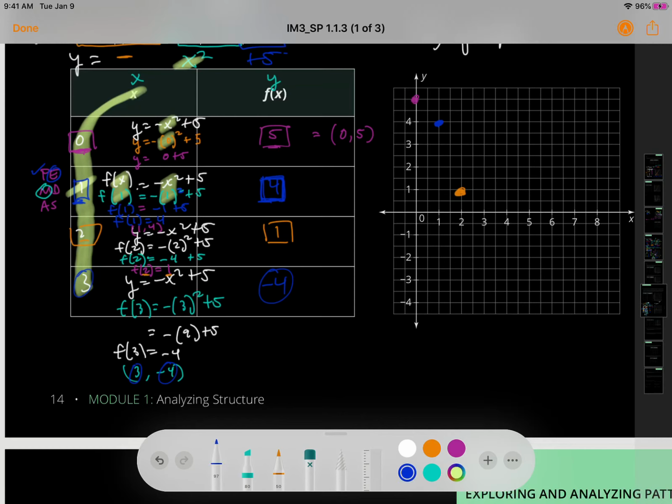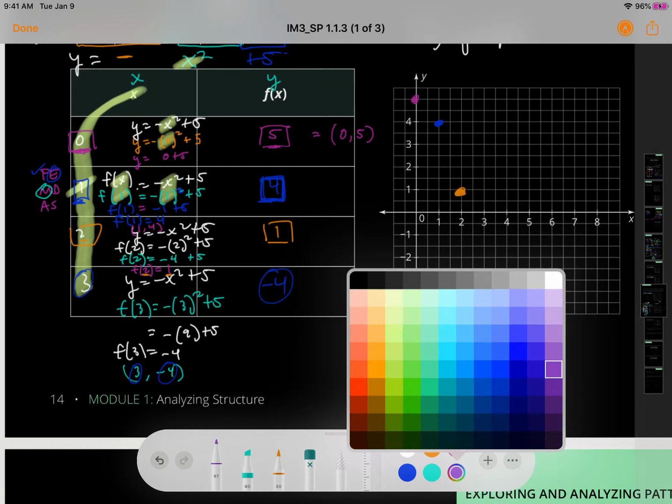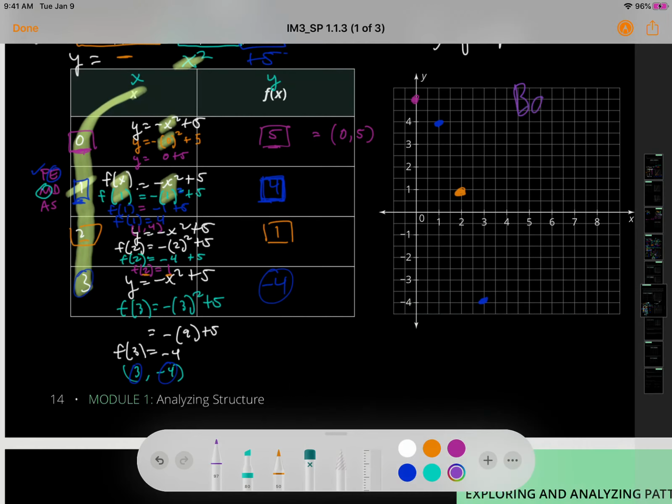Blue. Right 3, down negative 4. Okay, now let's talk about bad. Let's do purple. Okay, this is bad. Okay, don't do this. Don't try to do a line. Okay, don't do that. Here's another bad. Don't do that.